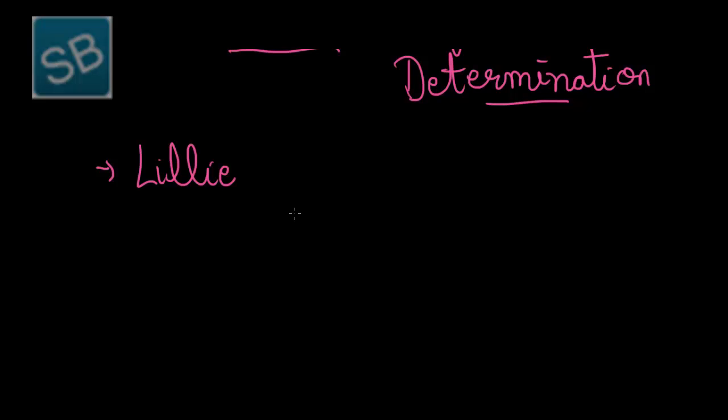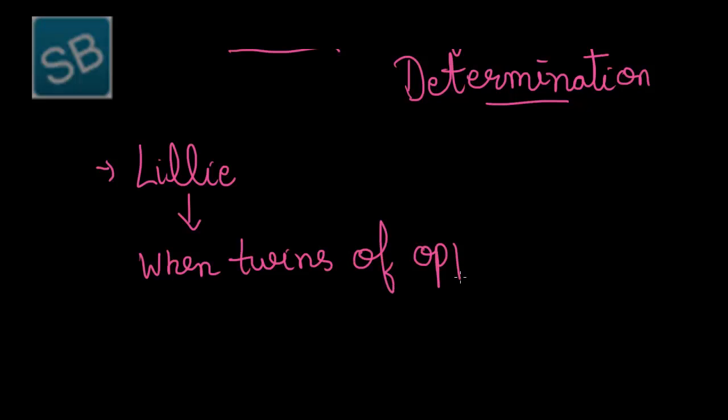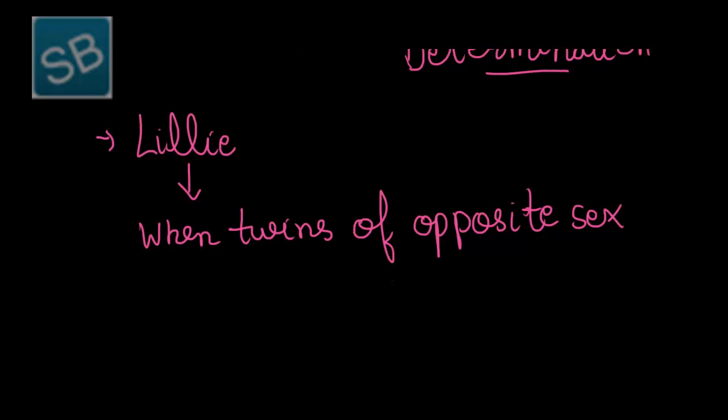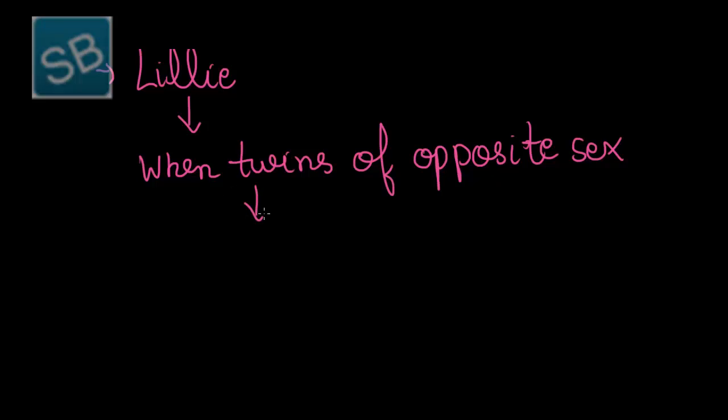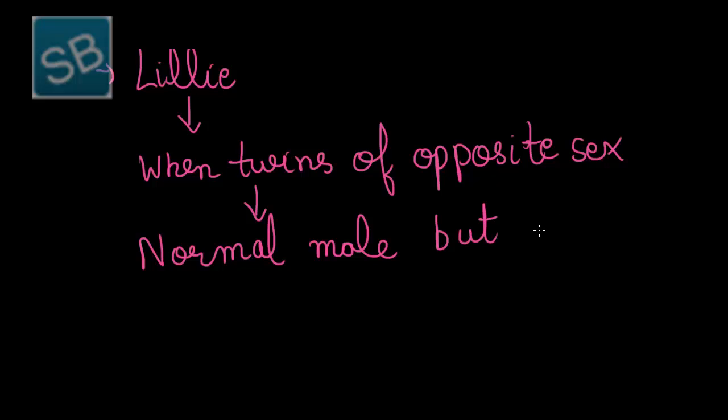But Lilly observed a different result, in such a manner that when twins of the opposite sex, that is obviously male and female, undergo fertilization, then the zygote that is formed produces normal male, but the female that is formed is sterile.